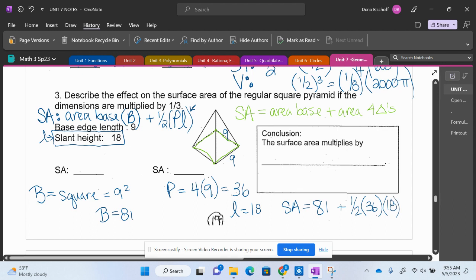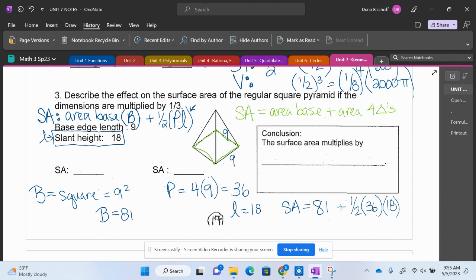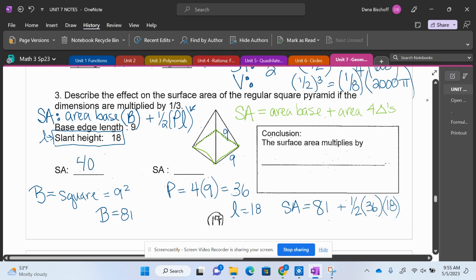Well, half of 36 is 18, and 18 squared is 324. 324 plus 81 is 405. So my surface area is 405 units squared.